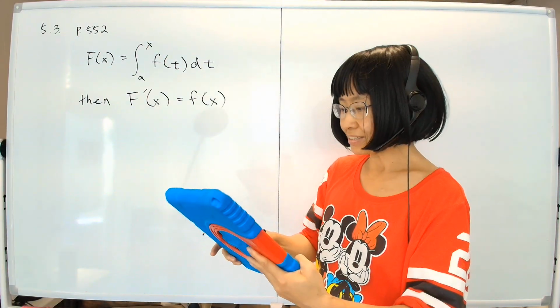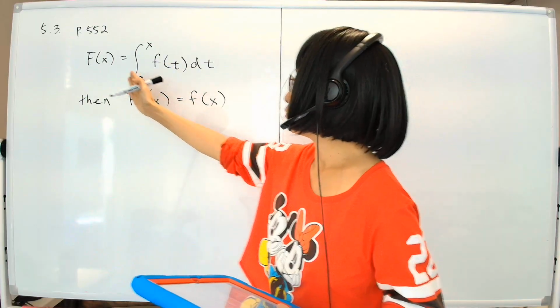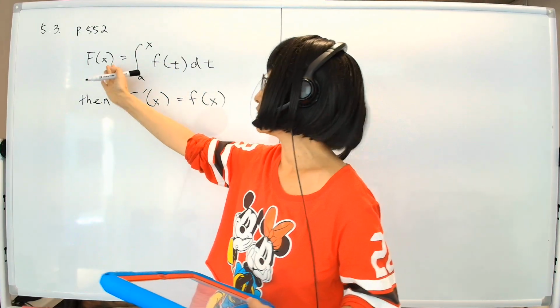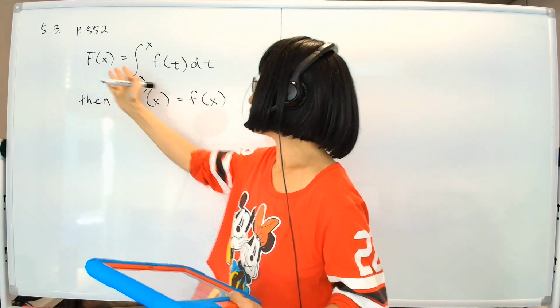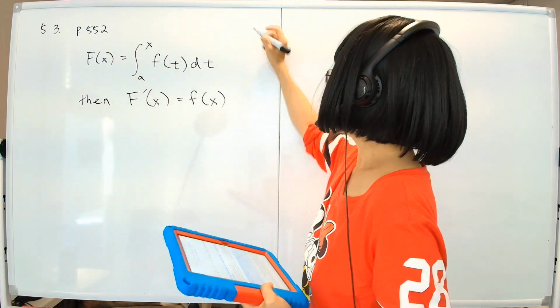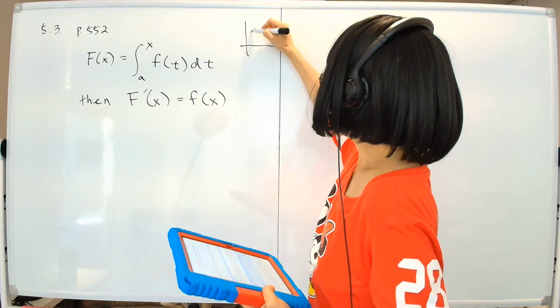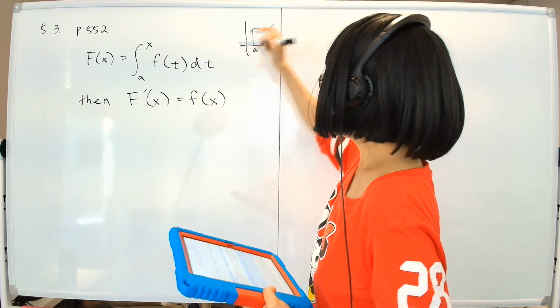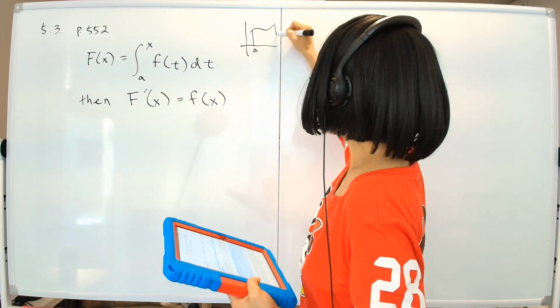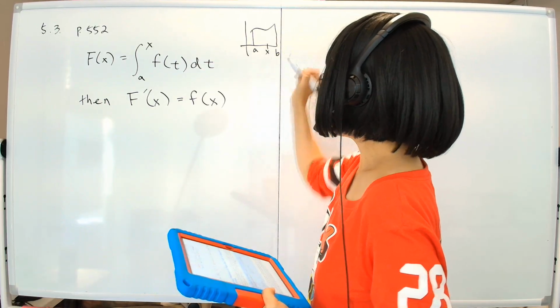Now, think about what that means for a second. First, let's figure out what this function says. The big F is defined as follows: for each x, you're going to plot the little f. Here's a little f, it starts at a, here's b over here, and x is in here somewhere.